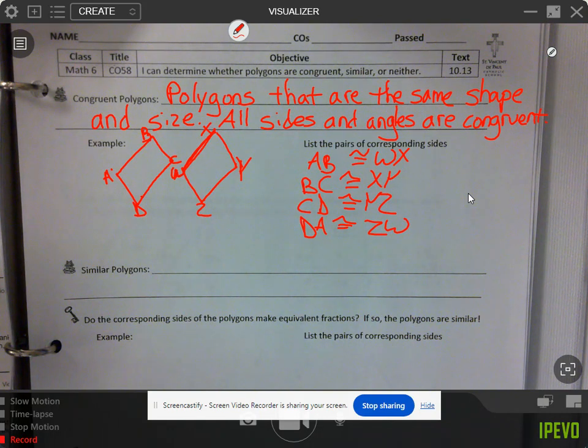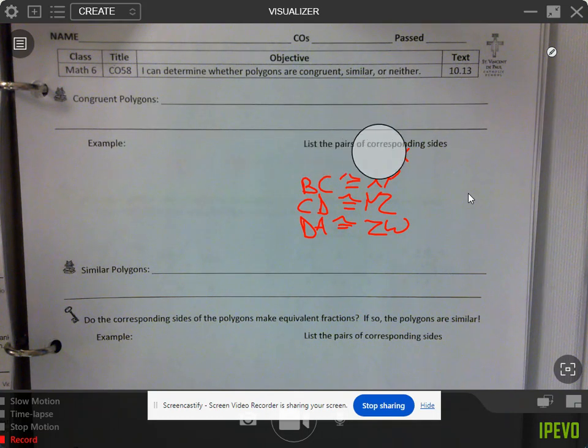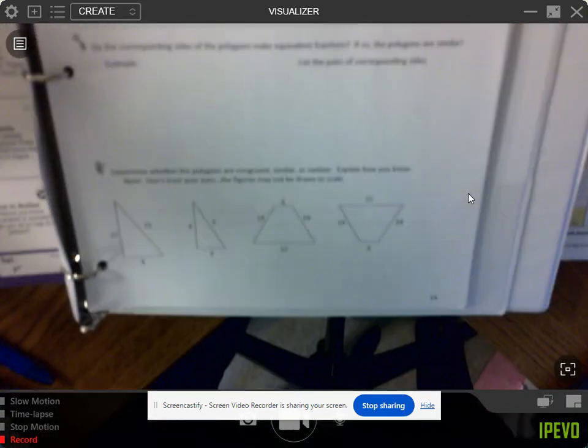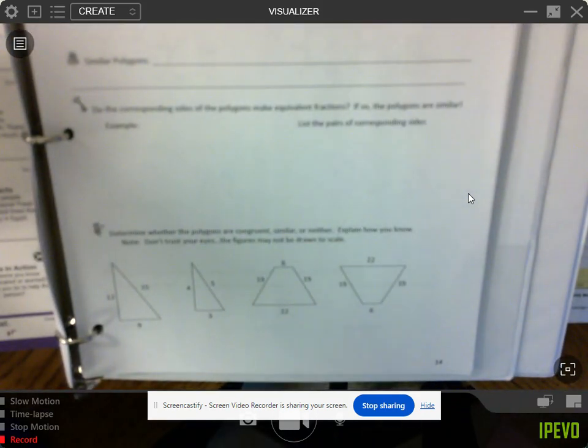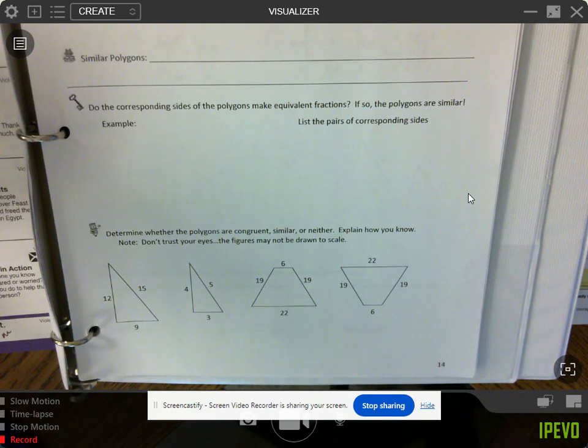Okay. So I am going to erase so I can scroll up. Now we have similar polygons. Similar polygons are not congruent. Congruent means they're equal sizes. What do you think they're going to be if they are similar?